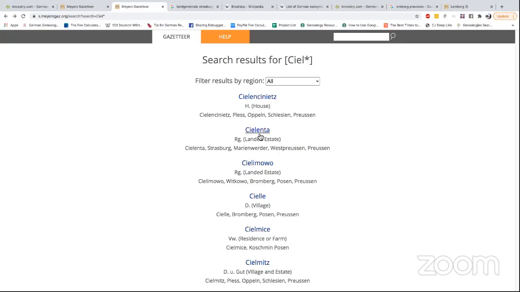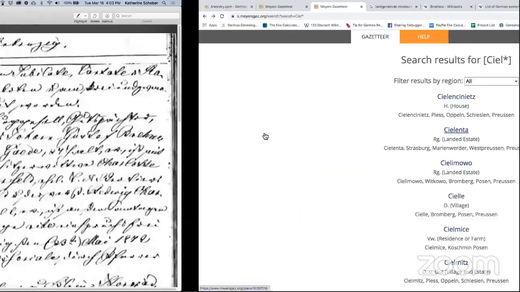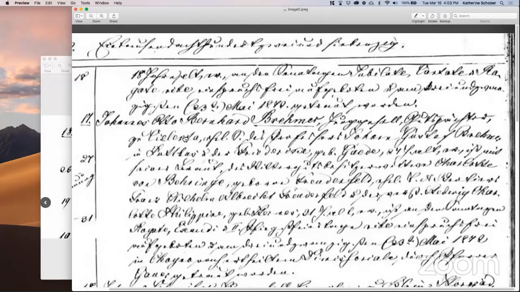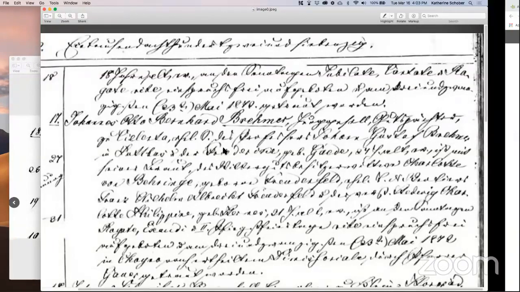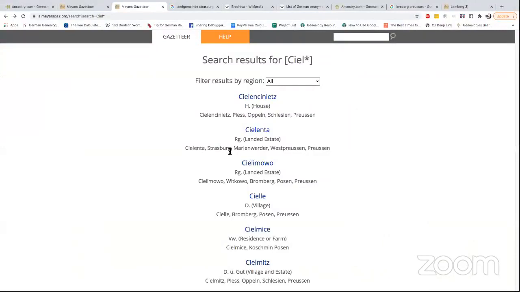So then I look back at my word and think, could that actually be ENTA at the end? Honestly, this is the weirdest N I've ever seen. I do not normally see N's that look like that, but it could be. So based on the rest of the word, based on that it's in exactly Strasbourg, I was pretty sure that this was right. However, I wanted to double check.